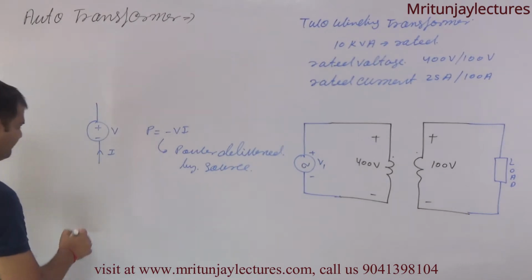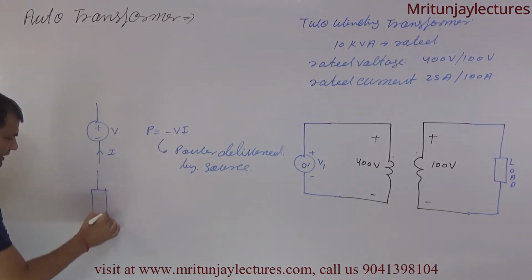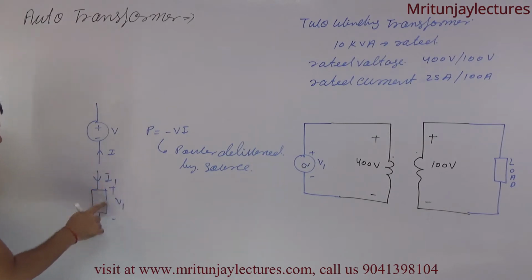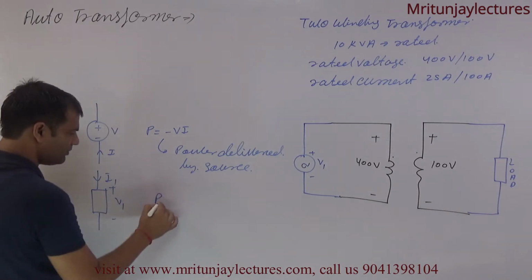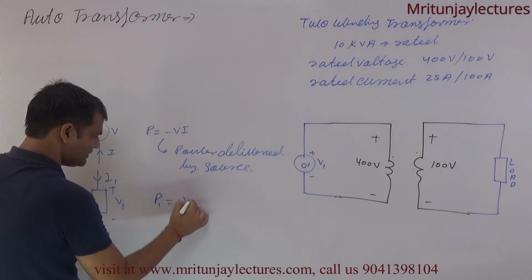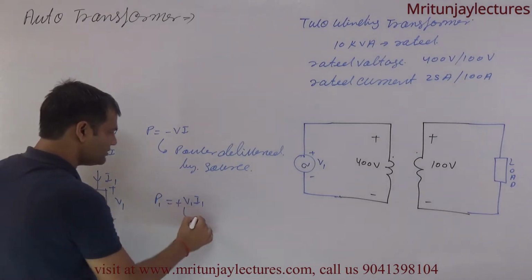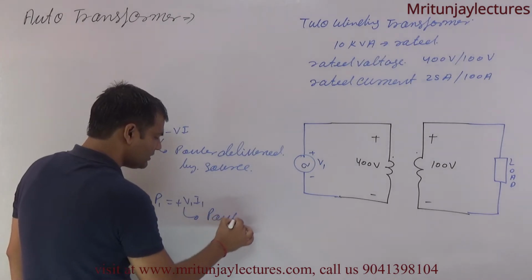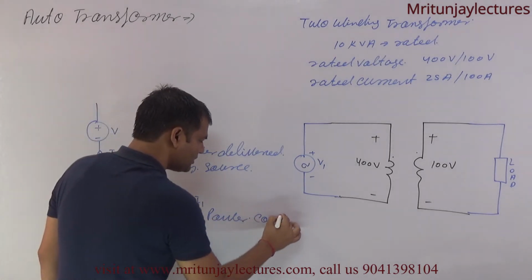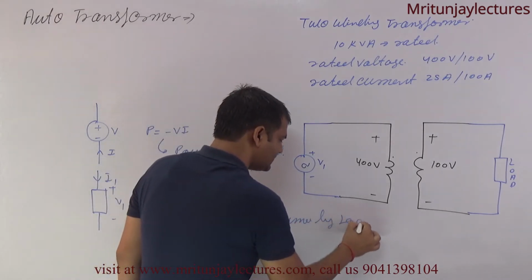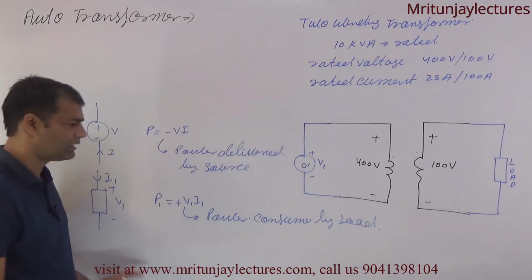And suppose that voltage V1 and current passing through plus to minus, what about power? That is V1 into I1, I know that is positive. It means power consumed by, if that is load, or element.